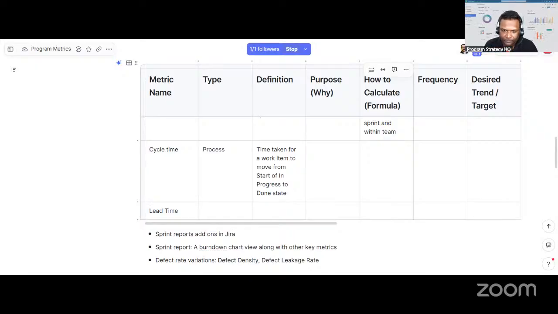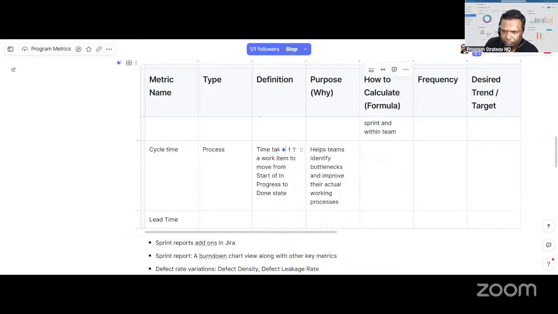So why is cycle time important? It helps identify bottlenecks and improves the actual working process. How to calculate cycle time?